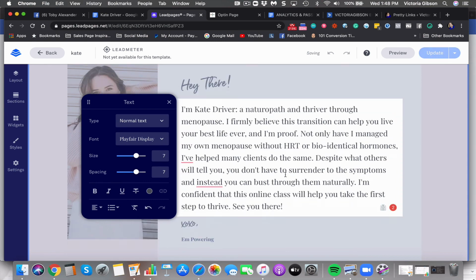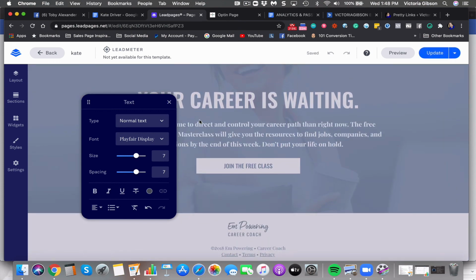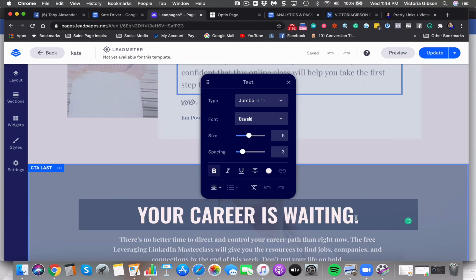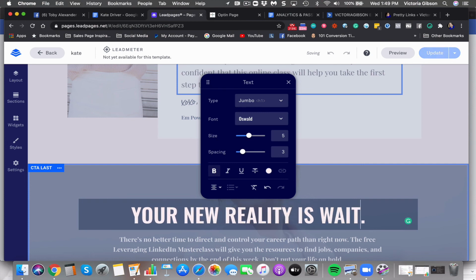Okay, so then there's a little bit about her. That's another opportunity to have the button down there, which is cool. Maybe even something like, your new reality is waiting.